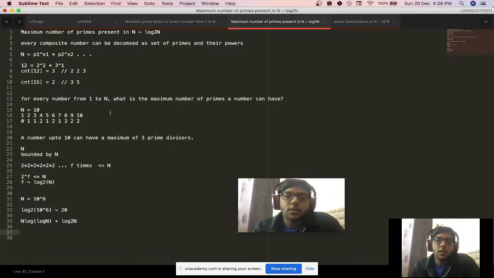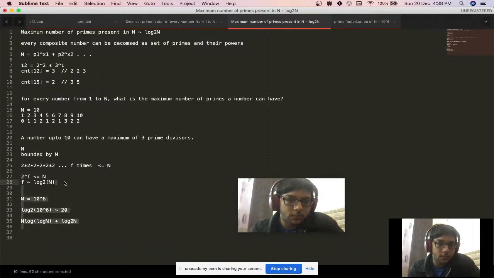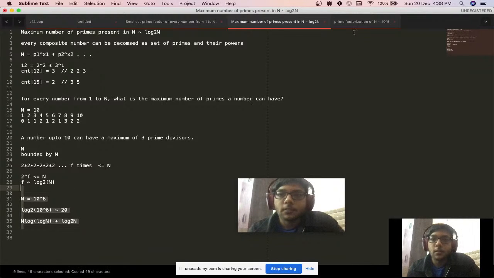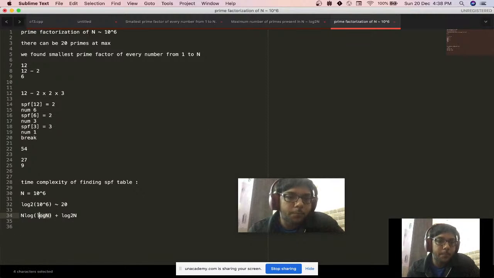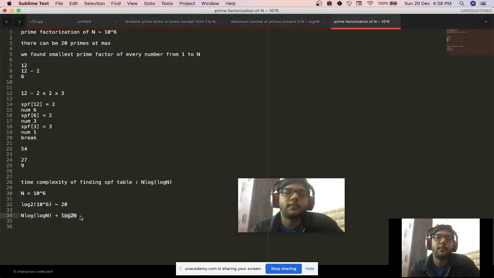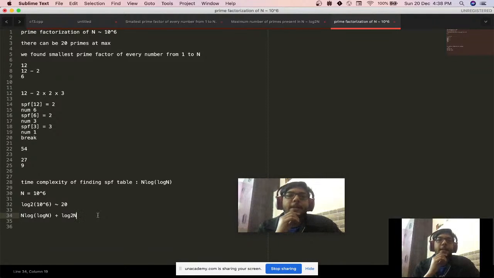So let us expand our question. The time complexity of the SPF table was this, and finding the prime factors of n needed 20 steps at max. Now we can expand our question to not just prime factorize a single number, but prime factorize all of the numbers from 1 to n.